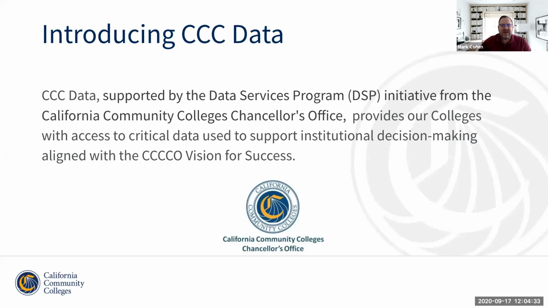The CCC data provides access to these data to the institutional researchers at colleges, district offices, and the Chancellor's Office, where the data may be used to support institutional decision-making aligned with the Chancellor's vision for success. CCC Data Platform has been developed in coordination with and at the direction of the Chancellor's Office and overseen by the Chancellor's Office Data Governance Council with input from a data warehouse advisory group, which is made up of institutional researchers.